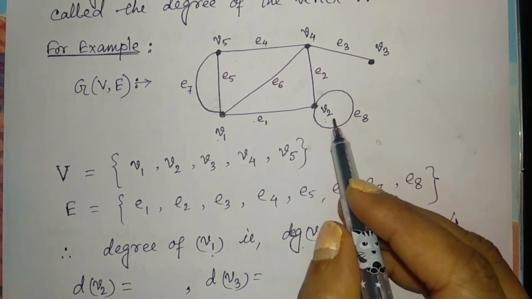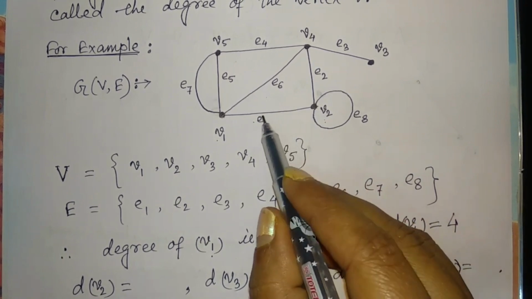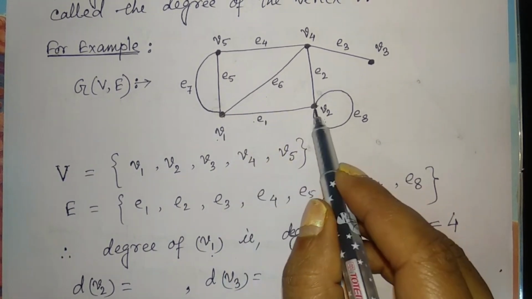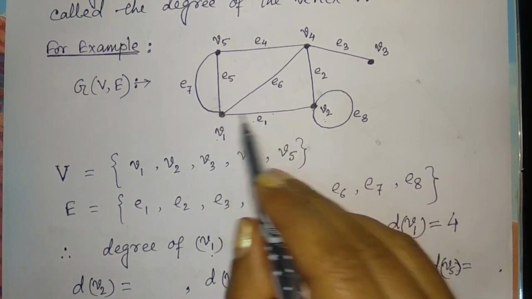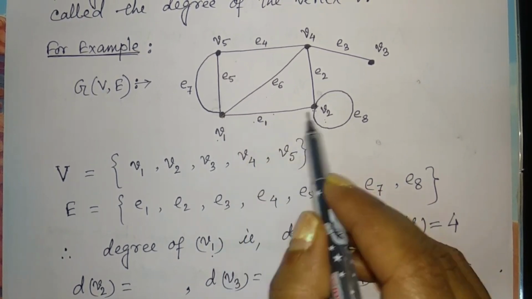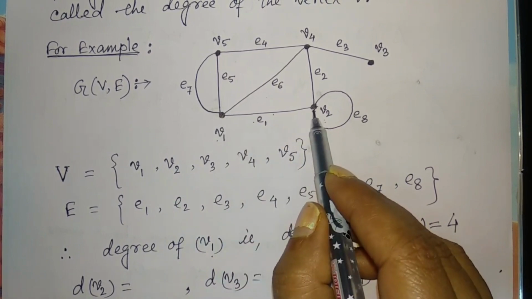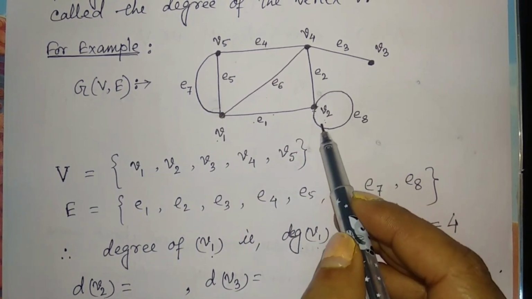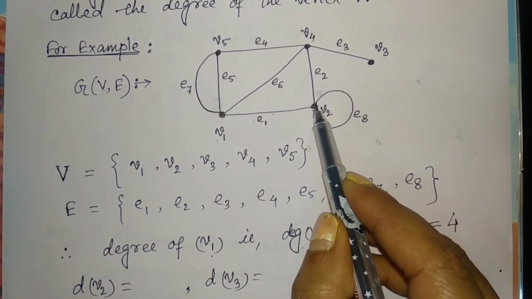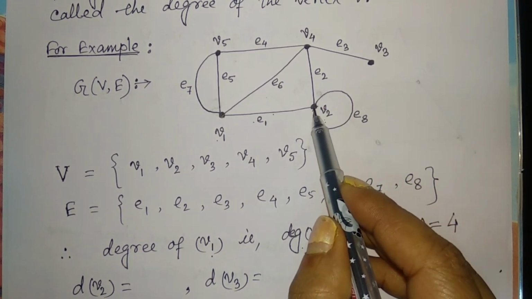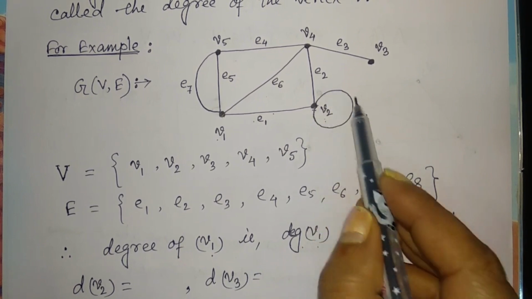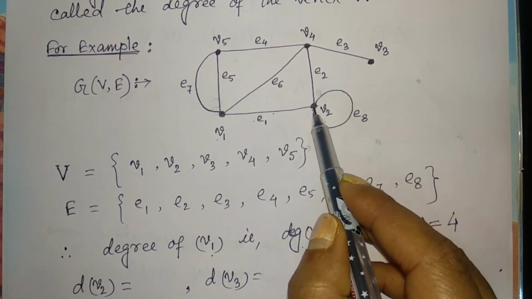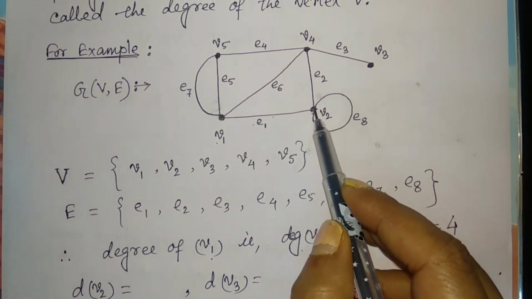Actually, any edge has 2 endpoints, so one edge contributes degree 2 to the graph, one for each endpoint. If it is a loop, then the starting and ending vertices are the same. For that reason, if V2 has a self loop, then V2 gets 2 degrees for the self loop.